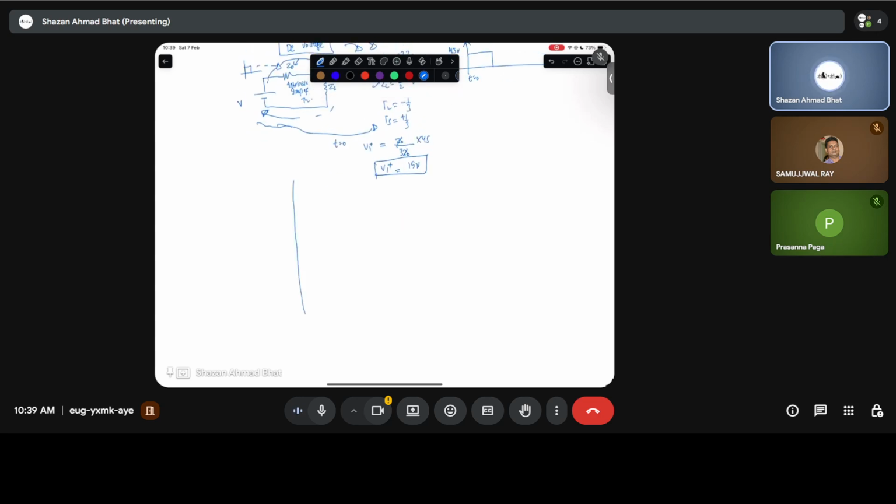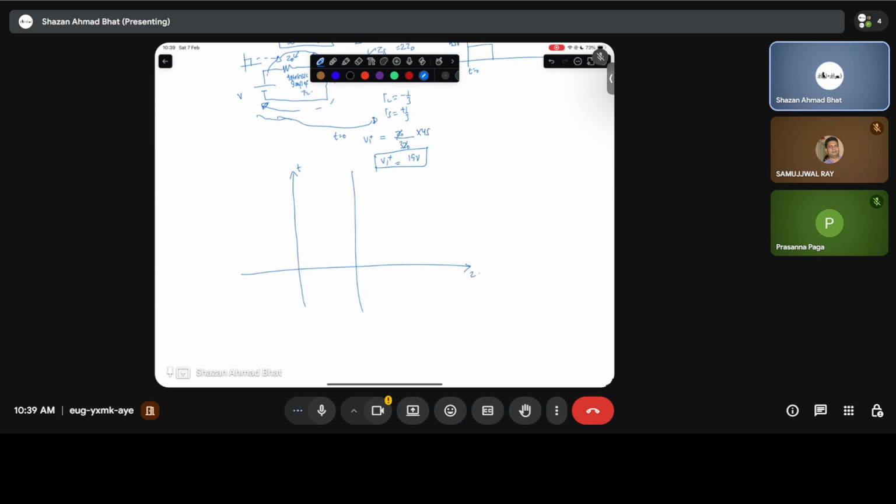Now you draw the lattice diagram, which is basically the time axis, and this is the space axis. So this is the space Z. This is Z equals 0, this is Z equals L in a transmission line. Let's denote some of the points. Let's call this TD.